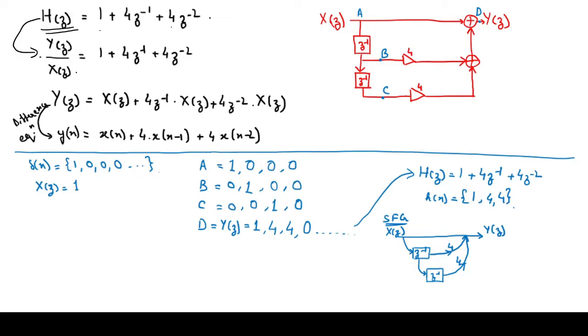Now I will take this X over here, so I get Y(z) equals X(z) plus 4z inverse X(z) plus 4z to the power minus 2 X(z). Okay. Now if I perform inverse z transform over here, I will get y(n), which is the output of the system, equal to x(n) plus 4 of x(n minus 1) plus 4 of x(n minus 2).